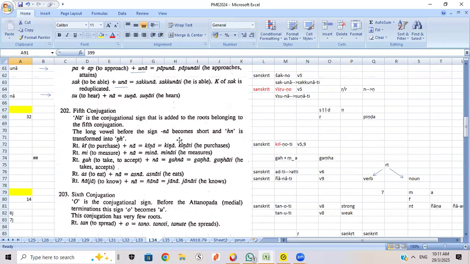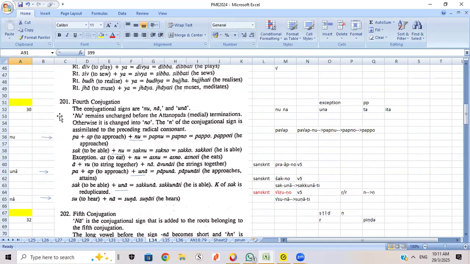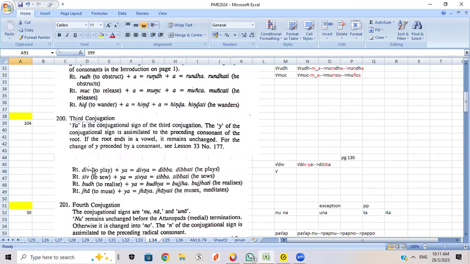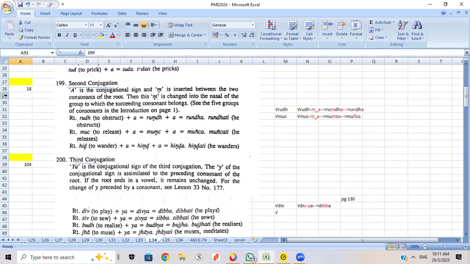And if you look at the fifth conjugation, it's only 32, not too many. The fourth conjugation is only 30. So the fourth and fifth conjugations combined are only 60, which is why you don't see many words in these two classes. The third conjugation has 104. The second conjugation only has 18, because Nigahita is added, and this is also very little.